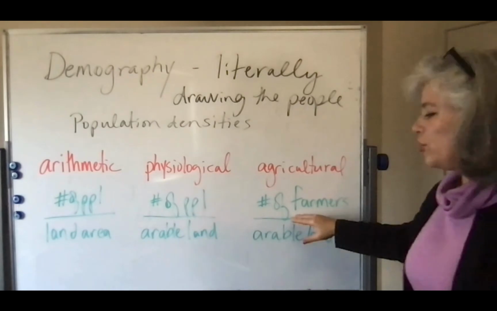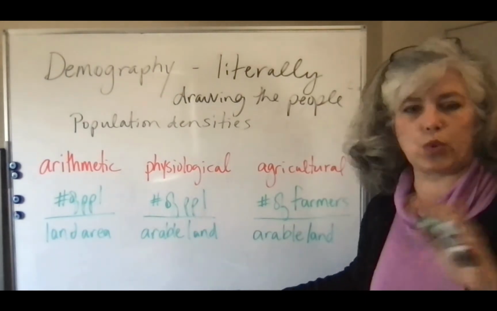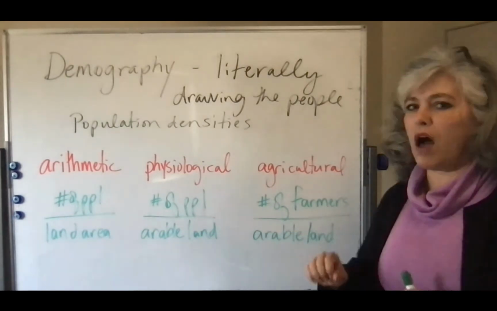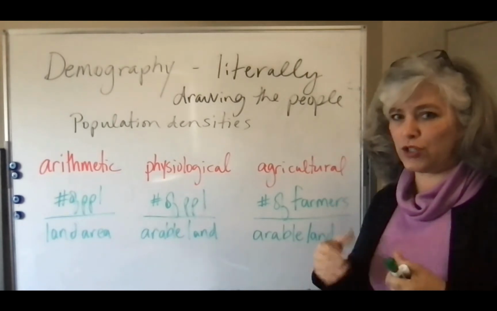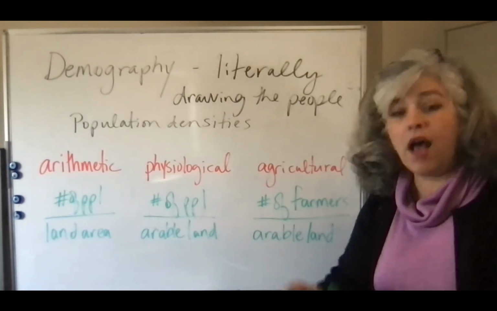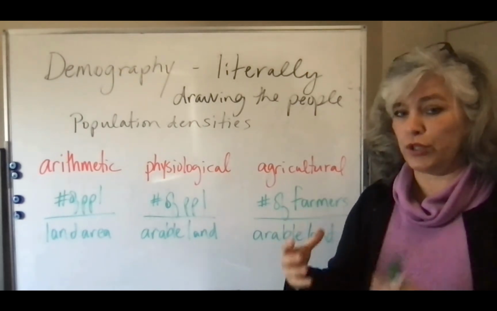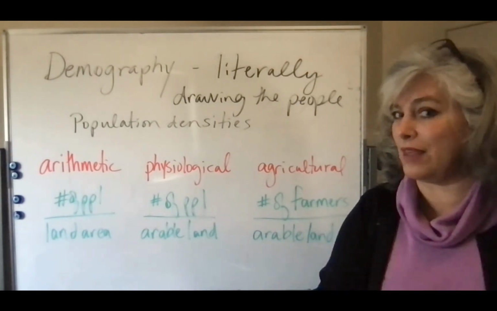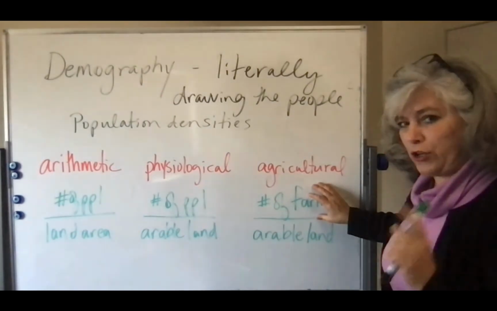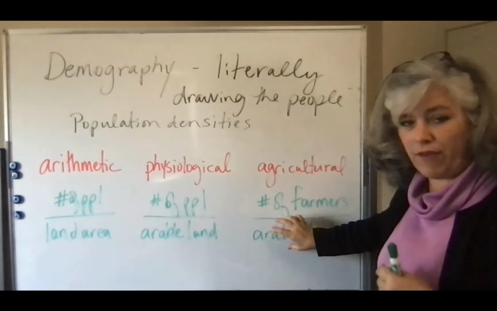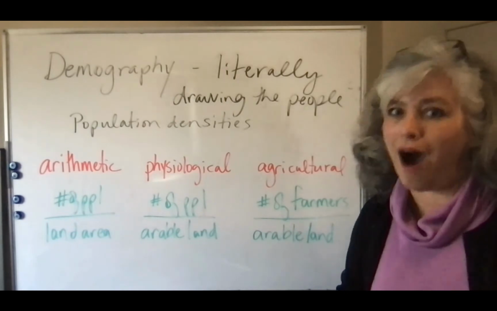If you have a large number of farmers per unit of arable land, whether it's square kilometers or square miles, that means you've got a lot of manual labor that has to go into producing the amount of food that the population needs. The amount of food that an area of land can produce is called a yield, the productivity and the yield. So the higher the number of farmers that are needed per unit of arable land tells you a lot about what kind of machinery is not available.